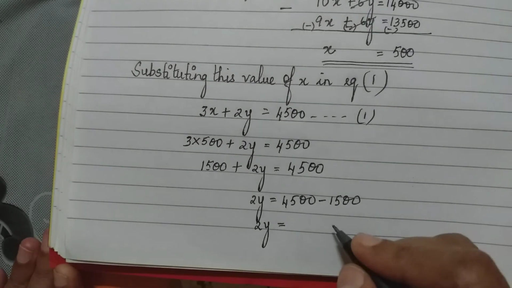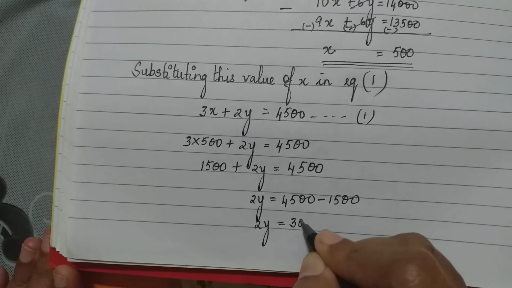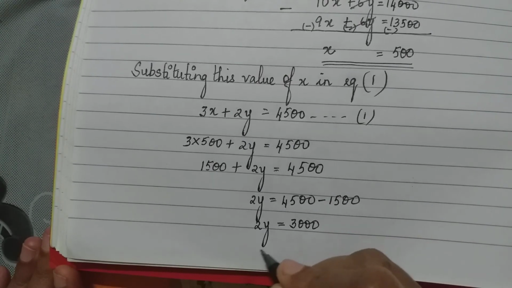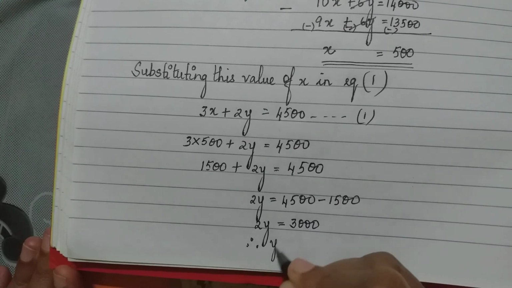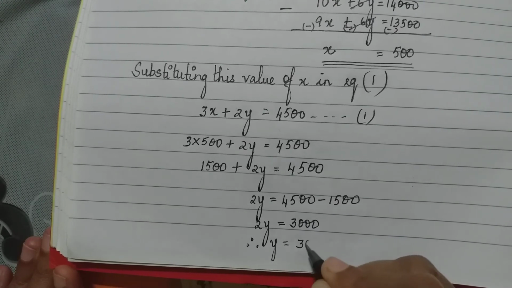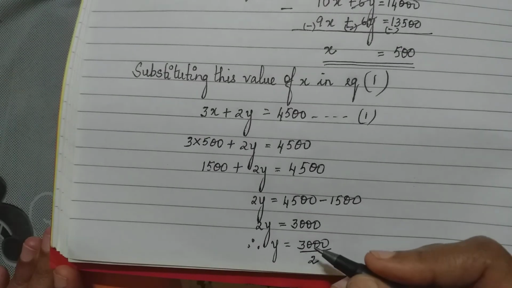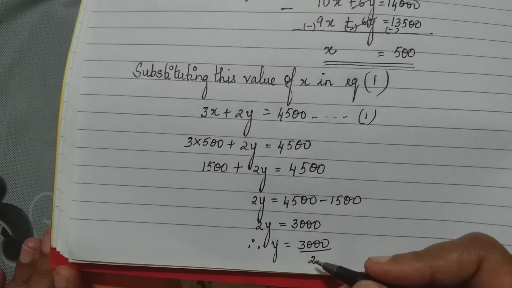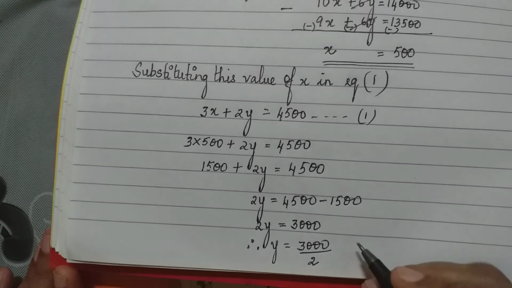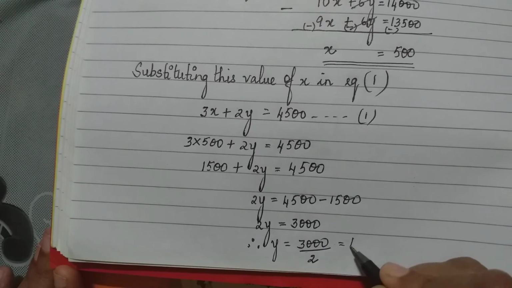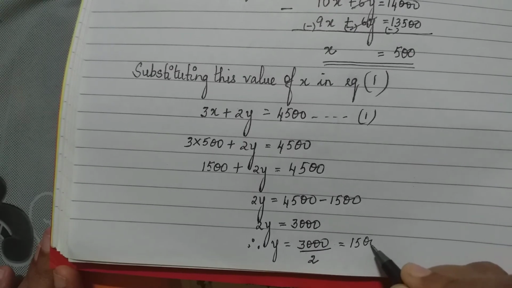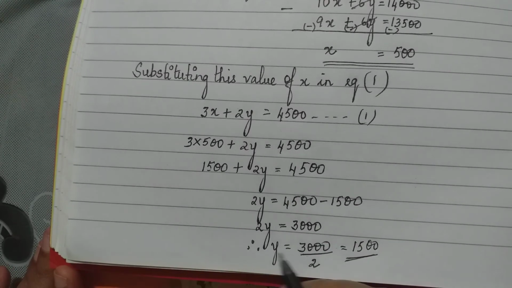That will be 3,000. Therefore, y is equal to 3000 upon 2. 3000 upon 2 is 1500.